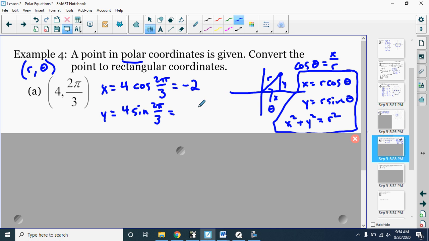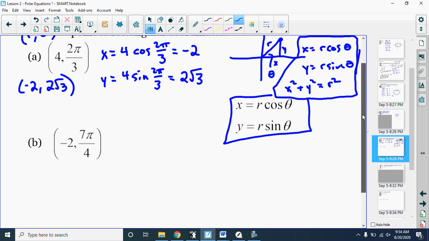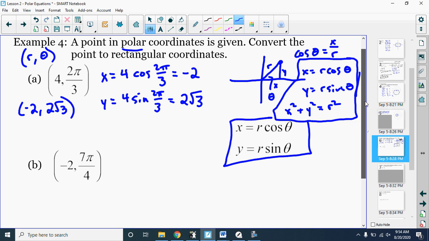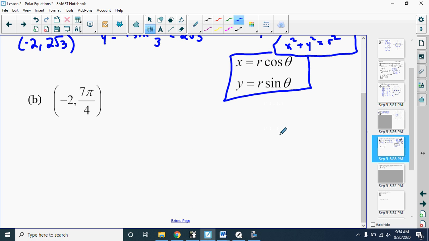Sine of 2 pi over 3 is root 3 over 2 times 4. So the rectangular coordinates are negative 2, 2 root 3. Oh, there's our equations again. You try part B. Pause the video, see if you can get part B. Once you think you have it, restart the video, and I'll show you the solution.